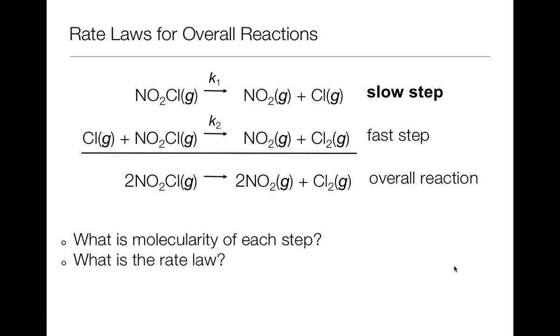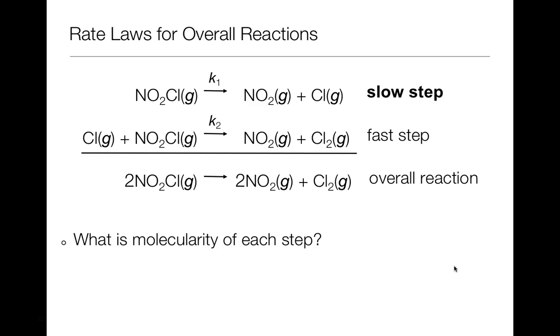So we have a new example now, sorry. Instead of NO2 reacting with CO, we now have the degradation of NO2Cl, a new gas. It's going to have two elementary step reactions where K1 describes the reaction in which NO2Cl decomposes into NO2 plus Cl, so atomic chlorine gas.